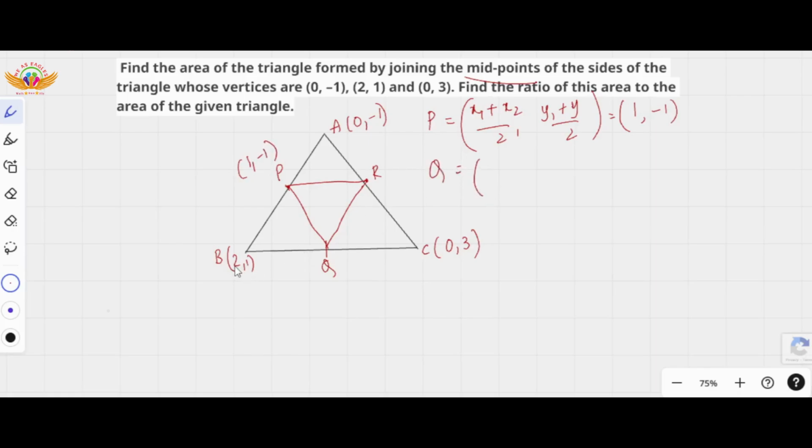For the Q point, 2 plus 0 by 2, that is 1, comma 1 plus 3 by 2, that is 2. Q point I got as 1 comma 2, and let us find R with the same formula. 0 plus 0 by 2 is 0, and minus 1 minus 3, minus 4 by 2, is minus 2. I got Q as 1 comma 2, and R as 0 comma minus 2. So these are the 3 points.